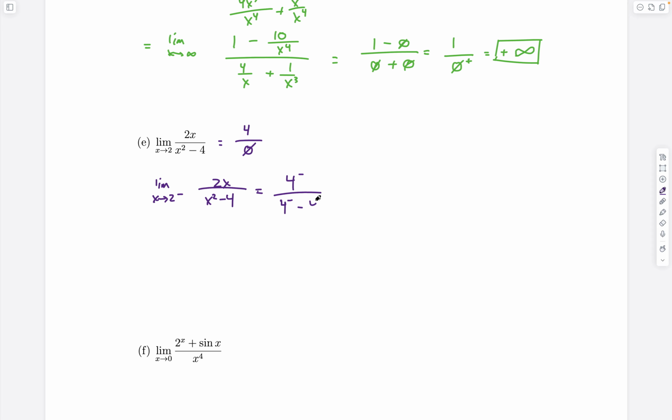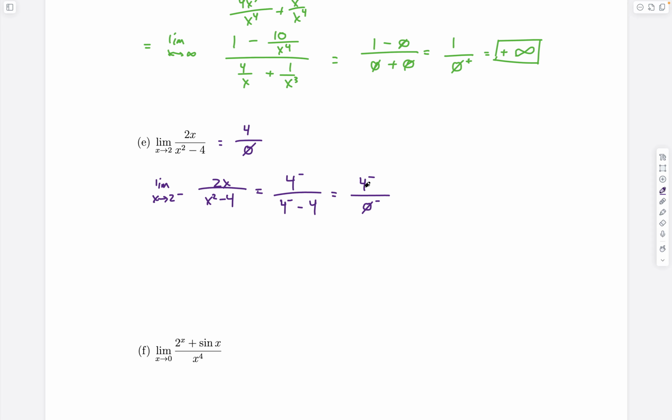And then you're subtracting 4 from that, right? So what happens when you take something that's just a little bit less than 4 and you subtract 4 from it? Well, you get a number that's just a little bit negative, right? Because 4 from the left is slightly smaller than 4. You're subtracting a bigger number from something that was smaller than that. You're going to get a negative number.